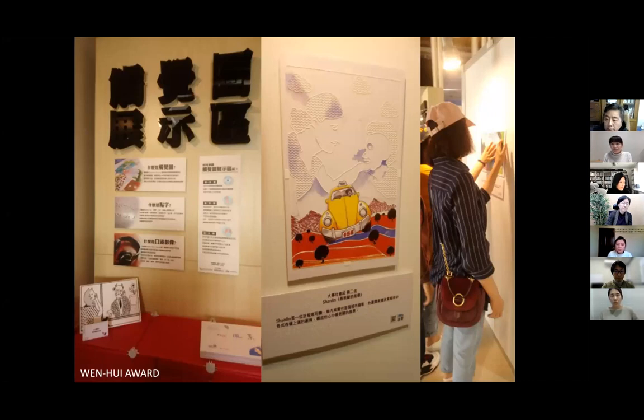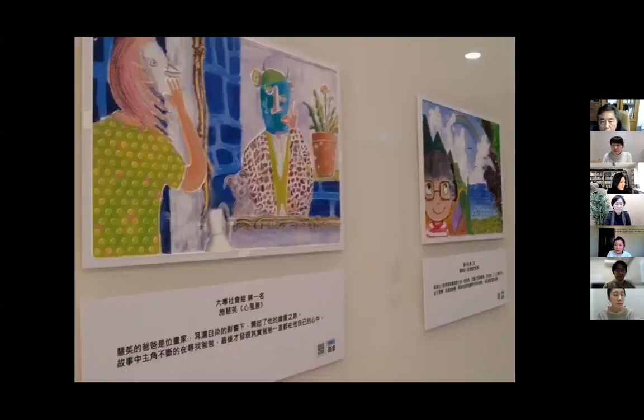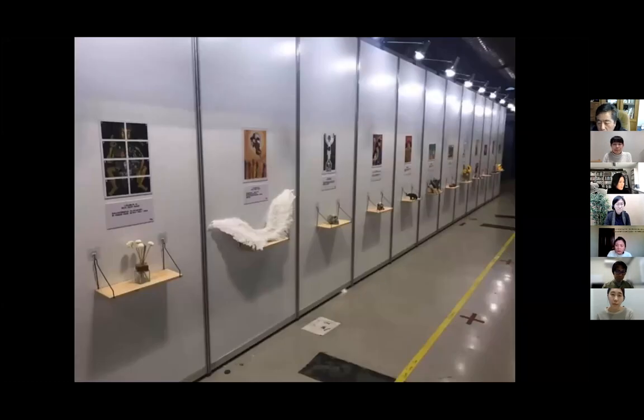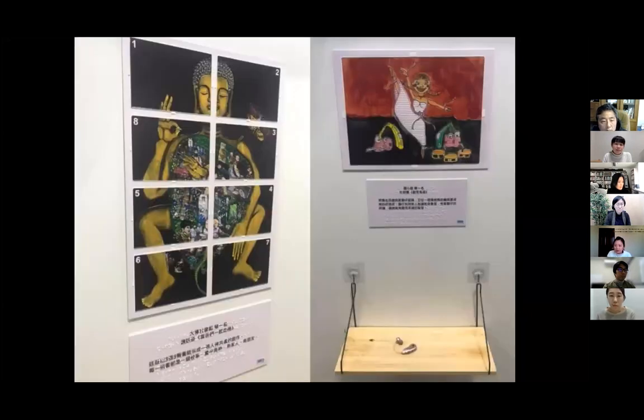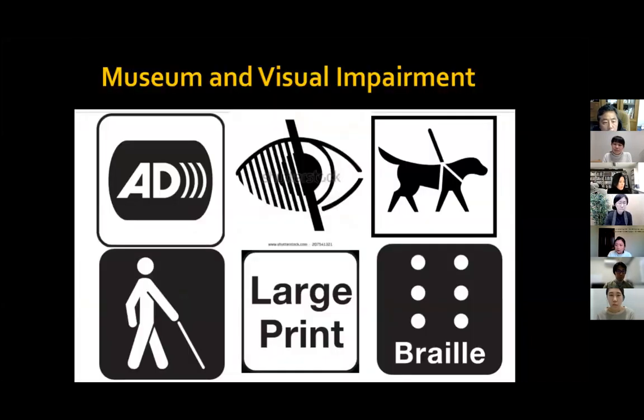So they invited TEPA to create tactile displays and tactile material in the exhibition gallery. Like this, there are braille, text, visual information and tactile information together. We also offer real objects in the exhibition space, and they can maybe smell or touch the real object. Like this one is a hearing aid for deaf people.